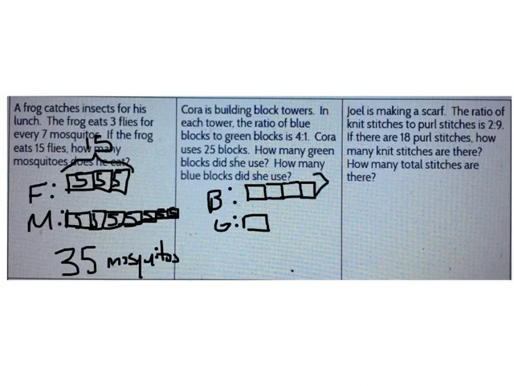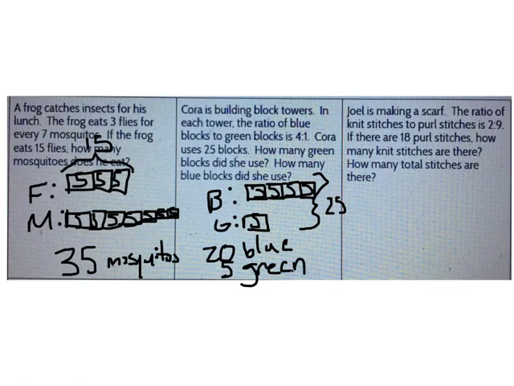I know that Cora used 25 total blocks. So what's each box worth? It's worth 5. 25 divided by 5 total boxes is 5. So how many blue blocks and how many green blocks? Well, Cora used 20 blue blocks and 5 green.